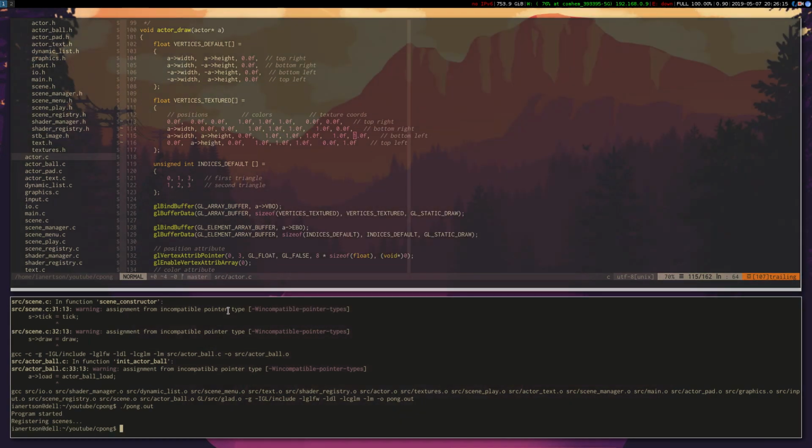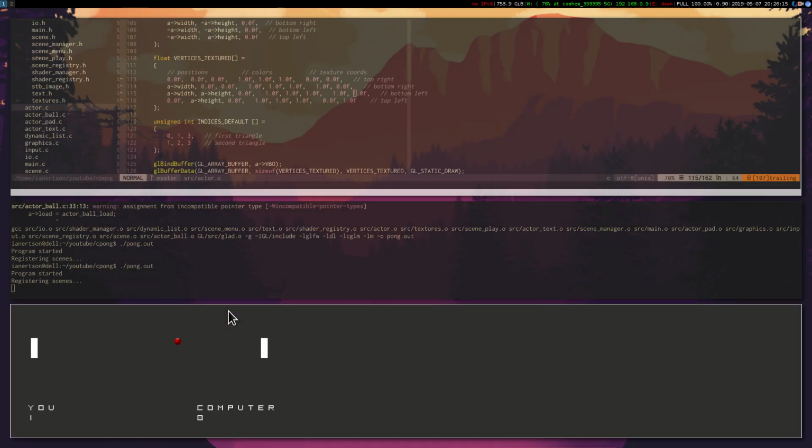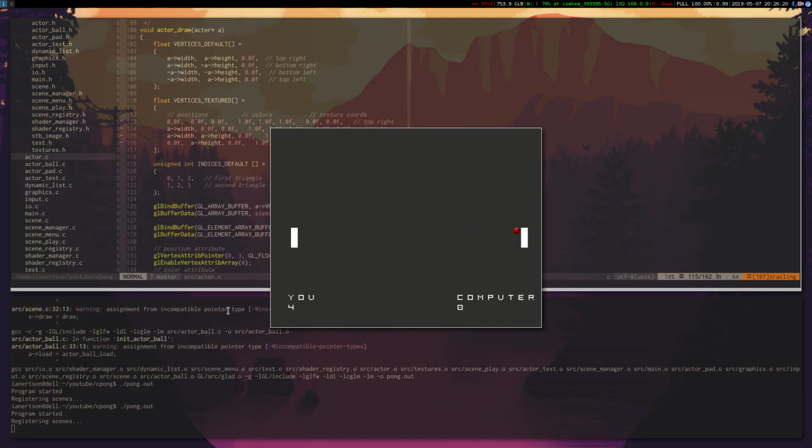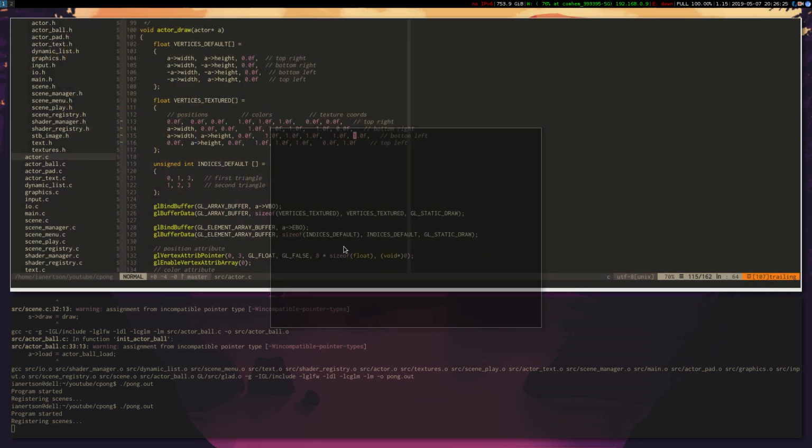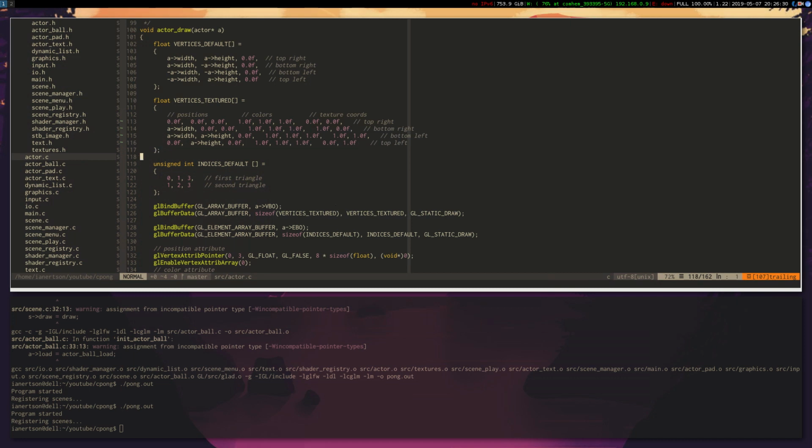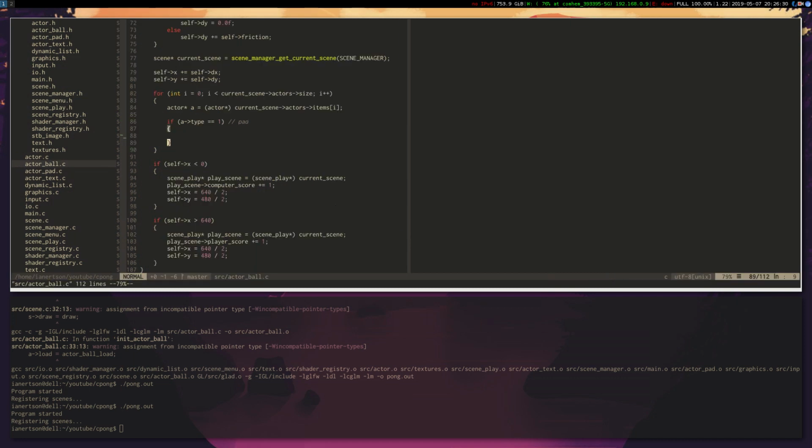One problem now is that our calculation for putting things in the middle is not correct anymore, since now the origin of textures is in the upper left corner. But anyway, now we can make the ball move like it should.